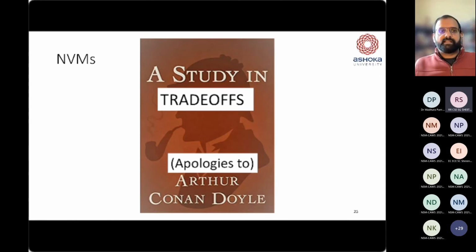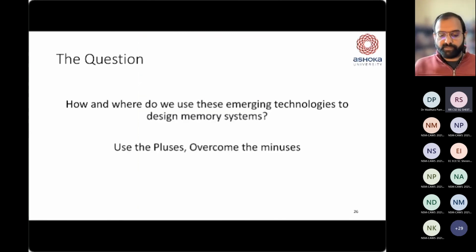So they are not quite there as DRAM write latencies as we would expect them to be, right? So the question then becomes: well, okay, we have these good things coming from these memory technologies that we have found out, but they're not quite there yet in terms of latency. So what do we do?